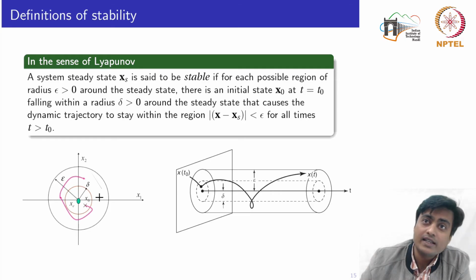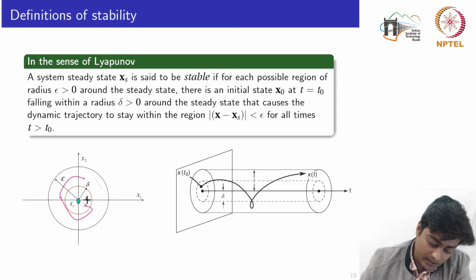It will always stay in this circle. Now, if you are wondering, the time axis is perpendicular to this plane. The cross-sectional view is given here, where you are initializing at x at t naught inside this inner circle. But for the whole motion, that is t tending to infinity, this trajectory would never leave the outer cylinder of radius epsilon.